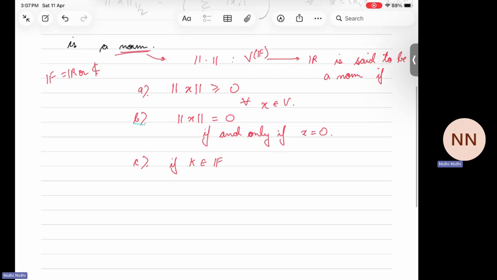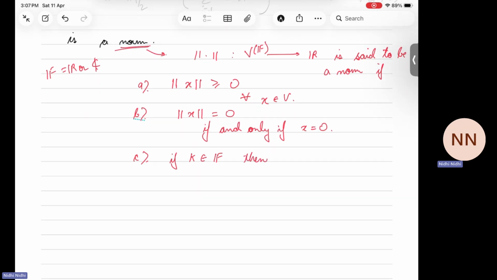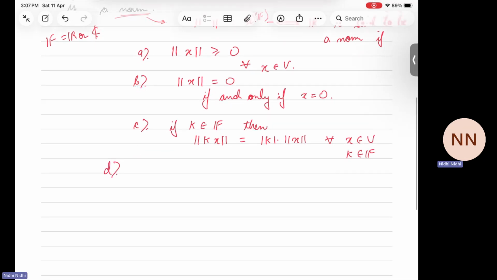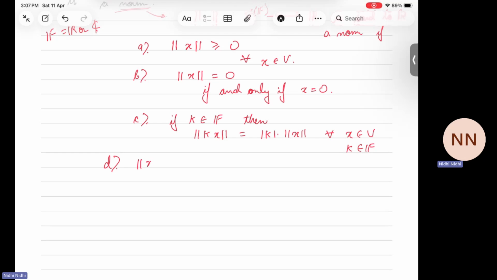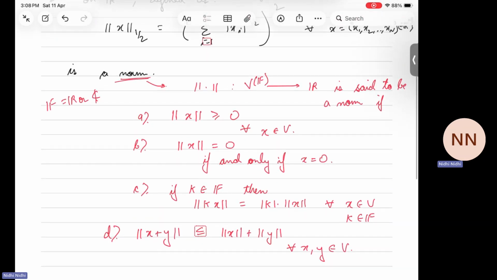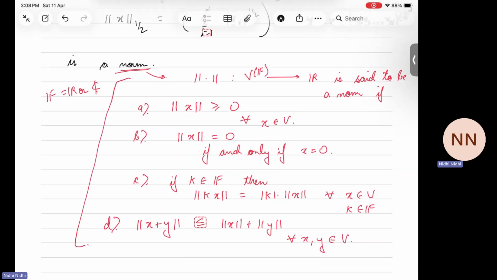So if K is some element in the field, then the norm of Kx should be equal to mod K times norm x, and this should happen for every x in V and K in F. Fourth one, which is called the triangle inequality, says that norm of x plus y should be less than or equal to norm x plus norm y for every x and y vectors in V. Of course, it should be defined on some vector space.